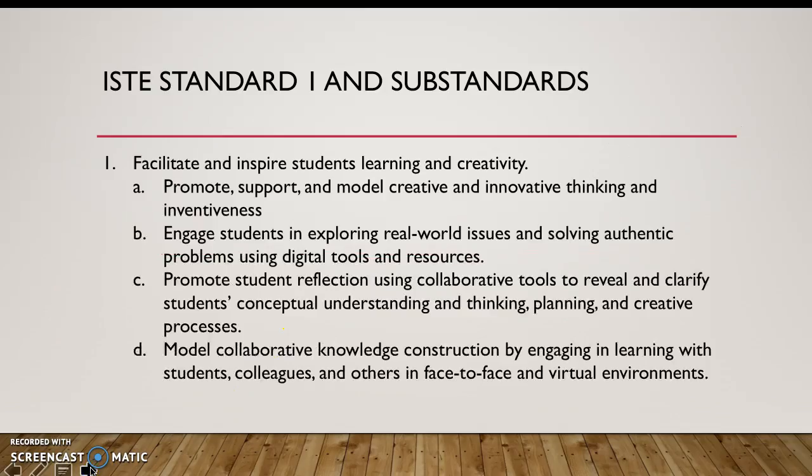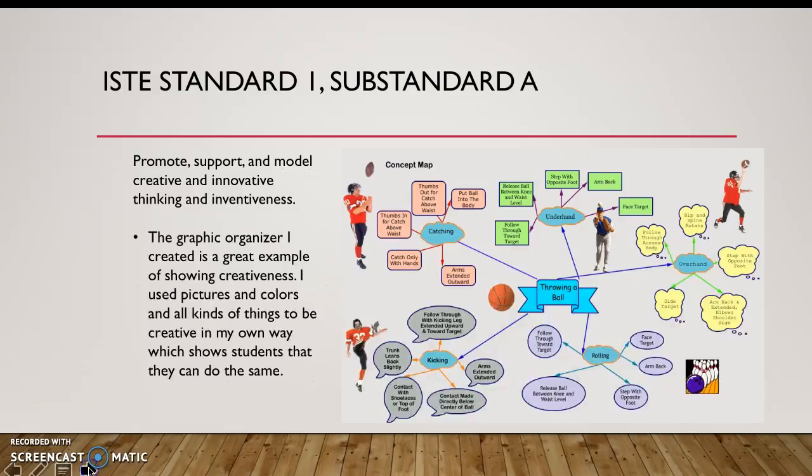So the first standard is facilitate and inspire student learning and creativity. There are 4 substandards over this, and I used a piece of our coursework to model 3 of them for each standard. So the first substandard I chose for standard 1 was substandard A, which was promote, support, and model creative and innovative thinking and inventiveness.